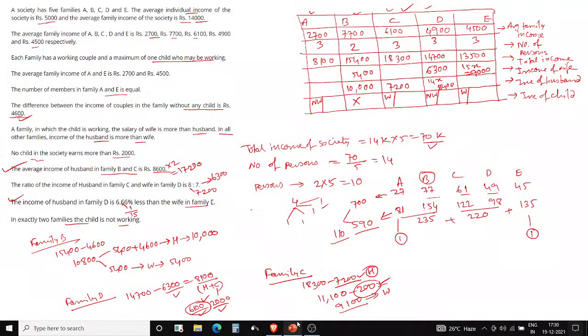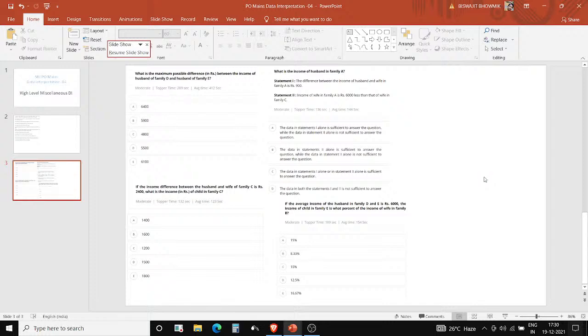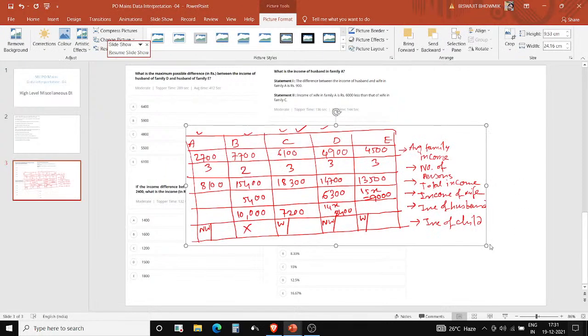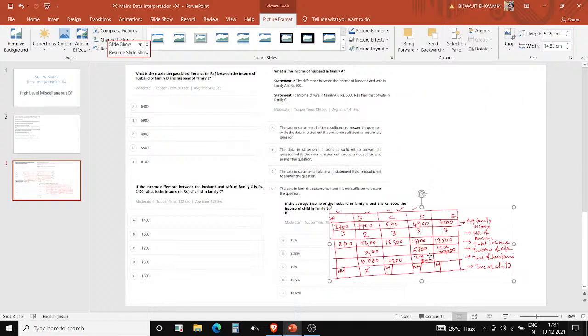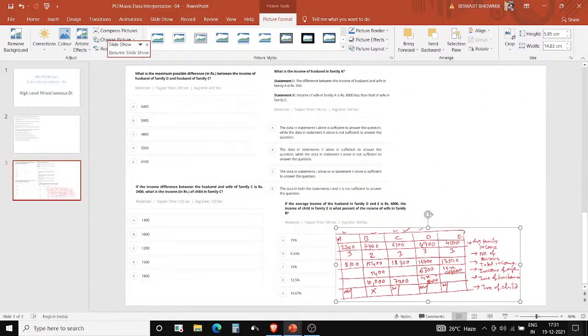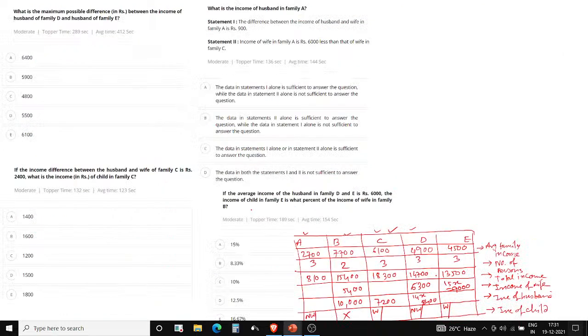Here it is. Now, what is the maximum possible difference between the income of husband in family D and the income of husband in family E? The income of husband in family D is 8,400.